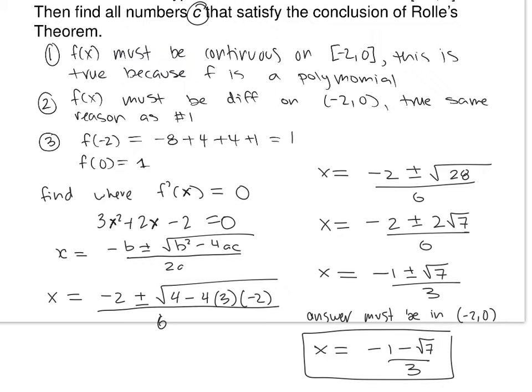So if you had a picture and you graphed it from negative 2 to 0, and it did something like that, then you would have 2 answers, right? But if it does something like this, where it just touches, that'd be only 1. So that'd be one way to check how many answers you're going to have.